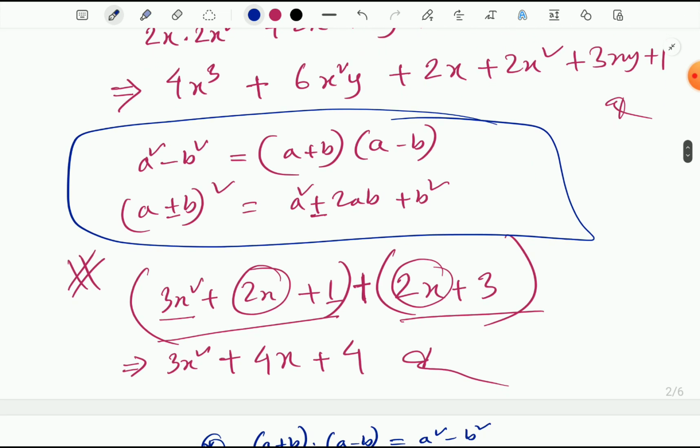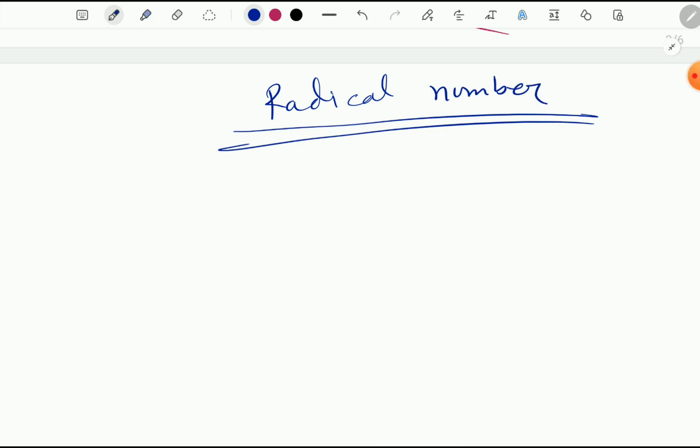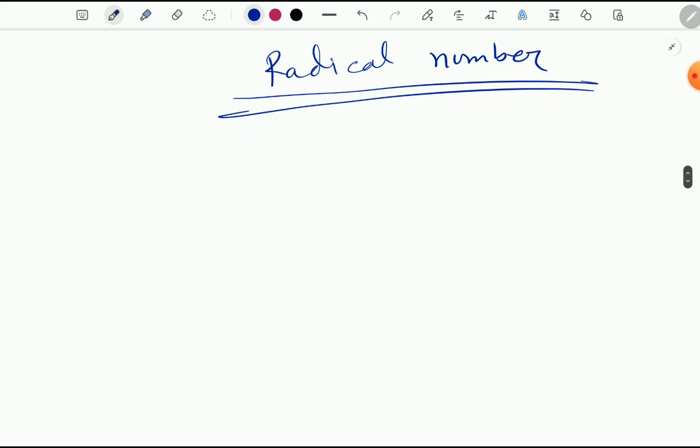Now we'll talk about radical number operation. Radical number. So radical number is a number that, okay, this is a radical number.